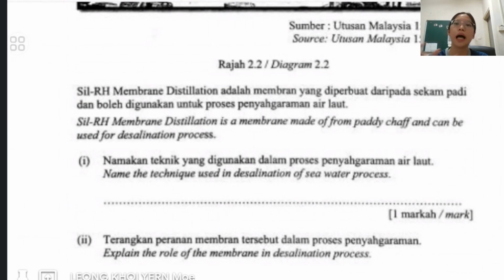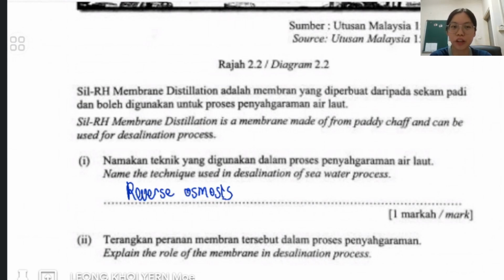This is actually in the application part of this chapter, so you have to know this process. This technique is called reverse osmosis, RO. What is the role of the membrane in the desalination process? You want to remove the salt from the salt water. Of course, you need something to filter it out.